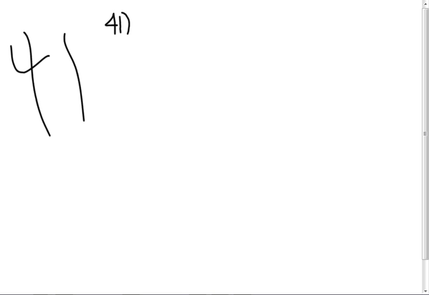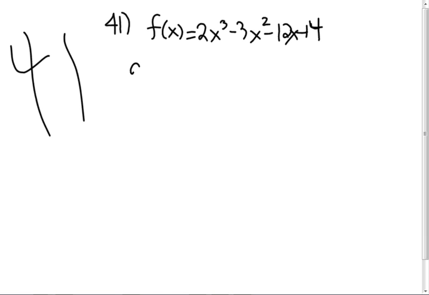Find the slope. 41A: find all the values of x for which the slope of the curve, 41. Find all points on the graph at which the tangent line is horizontal.